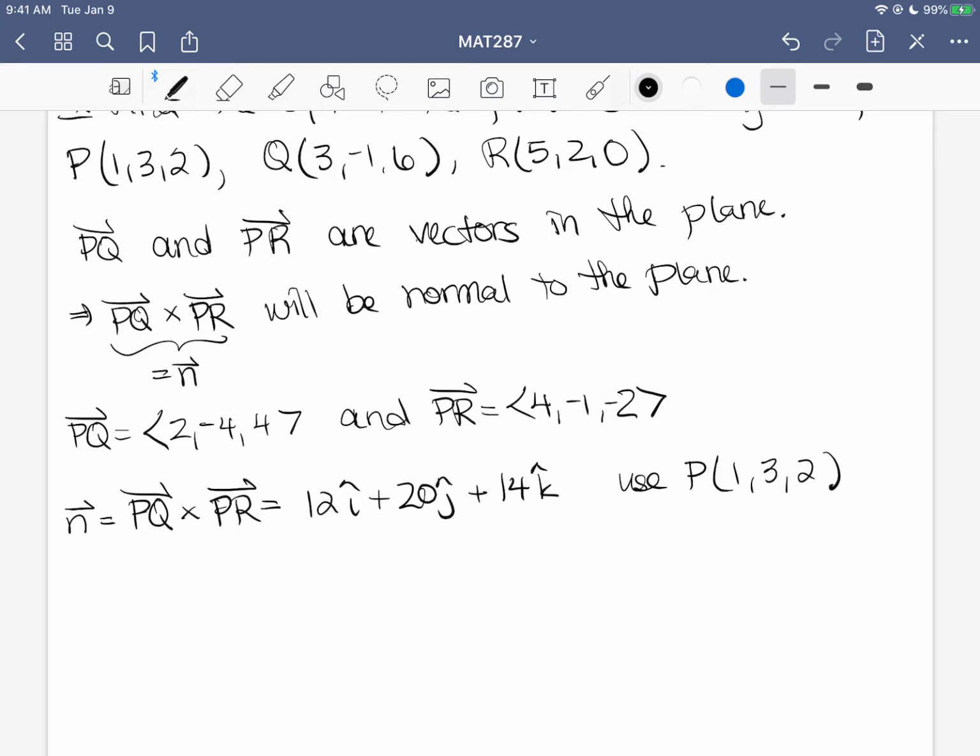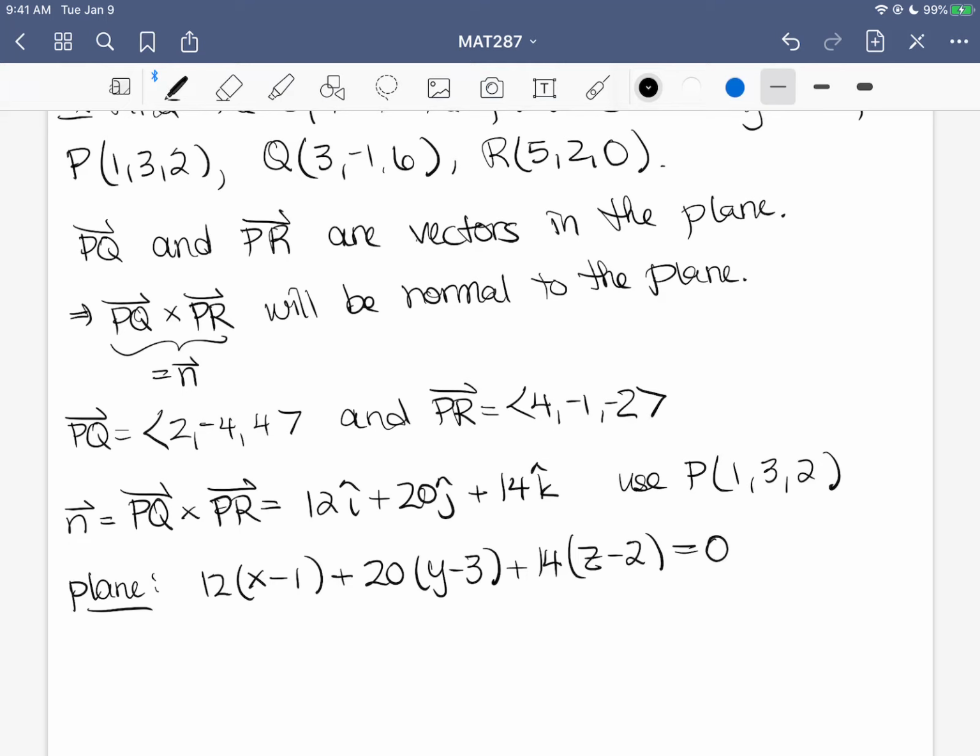And so the equation of the plane is 12 times x minus 1 plus 20 times y minus 3 plus 14 times z minus 2 equals 0.